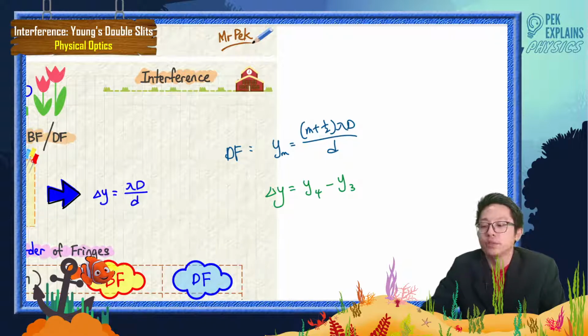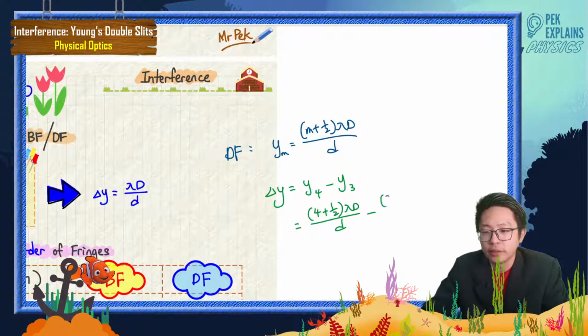So y4 is (4 plus half) lambda D over d minus (3 plus half) lambda D over d.